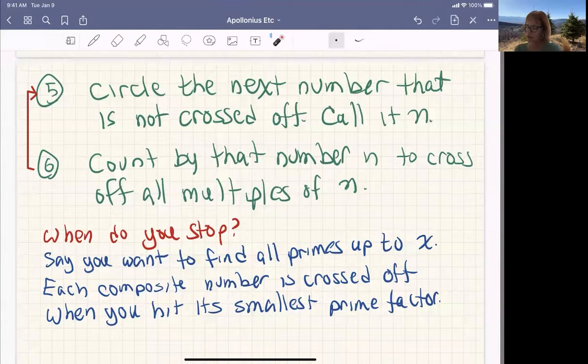Next, you circle the next number that is not crossed off. Let's call it n for simplicity. Now we're going to count up by that number in order to cross off all multiples of that number n. And then this little arrow is indicating that you keep repeating the process.